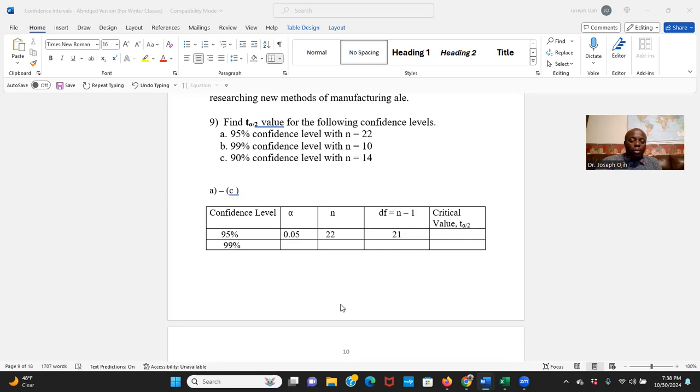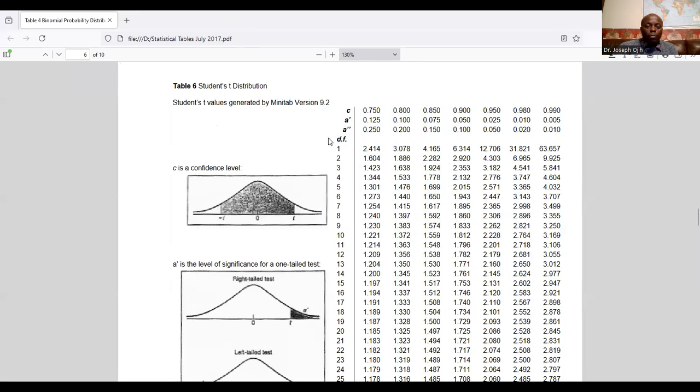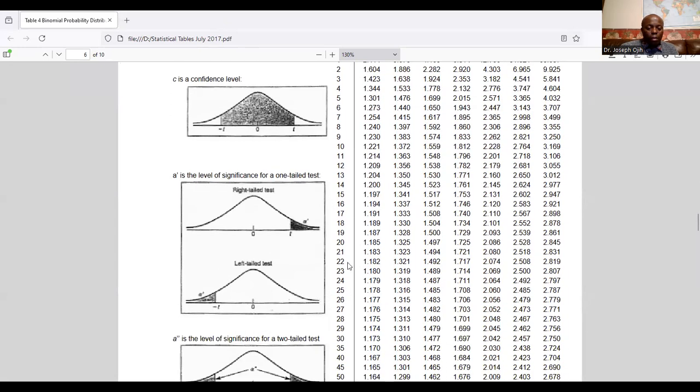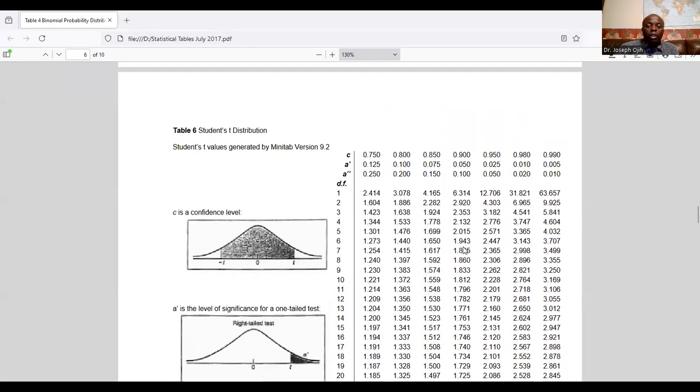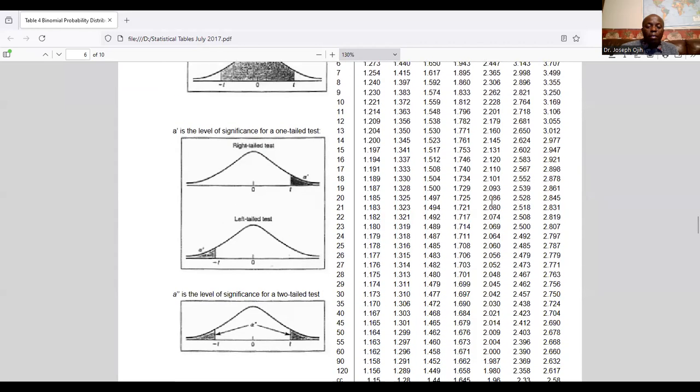I'm going to go to the table now. We're using the one that has double prime, A prime prime. For 95%, we'll have it here, 0.05. You can see the DF.